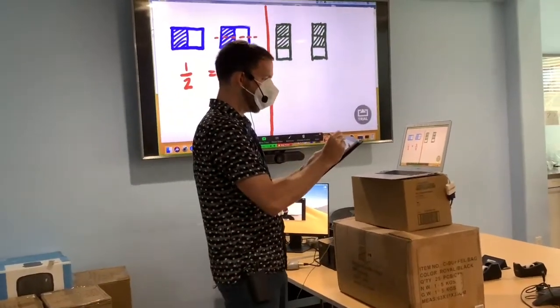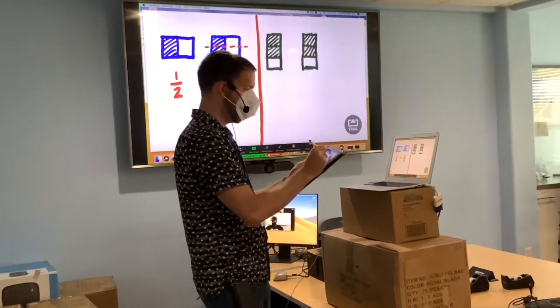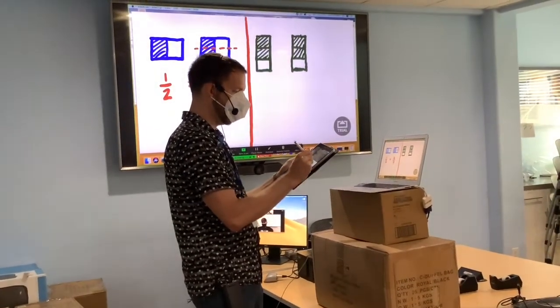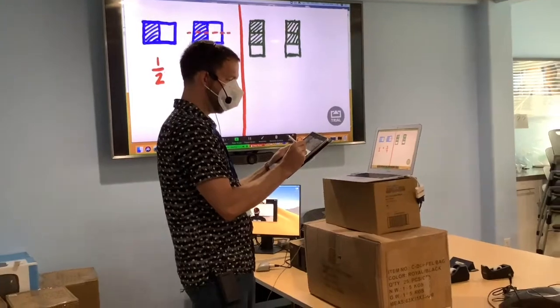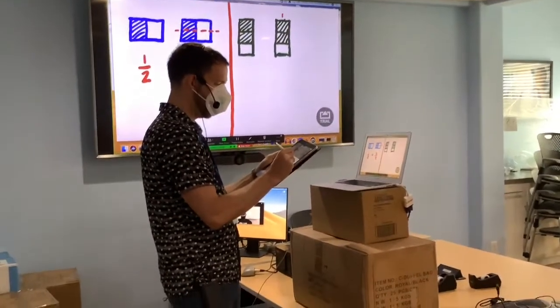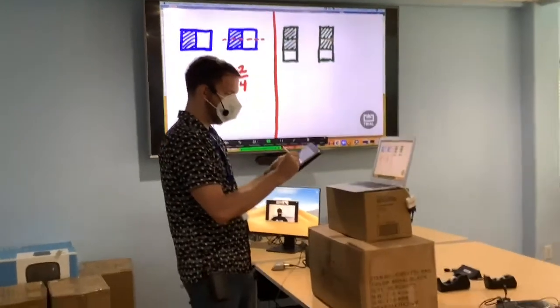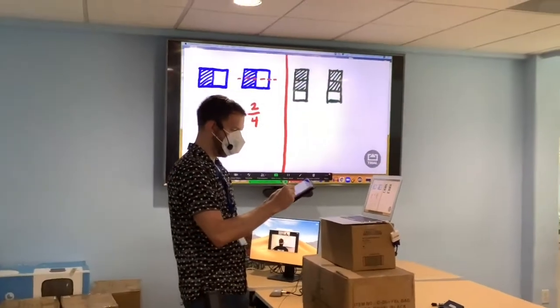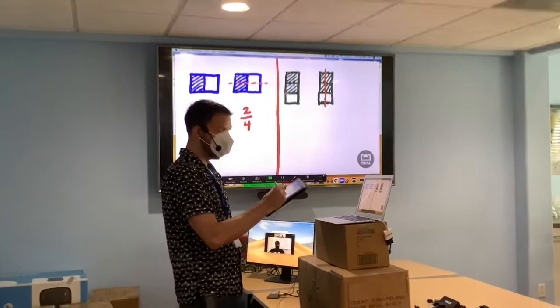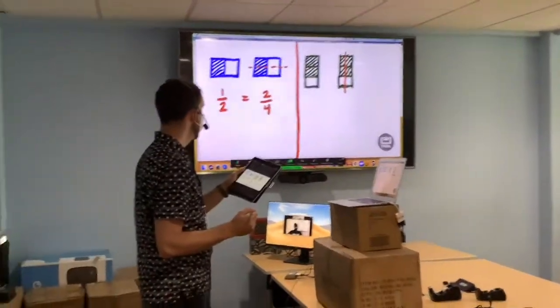So what I'm gonna do right now is I'm gonna show you how to make the partitions. So here's one way to do it. So the fraction on the right, oops, I'm going to draw a vertical partition, okay?